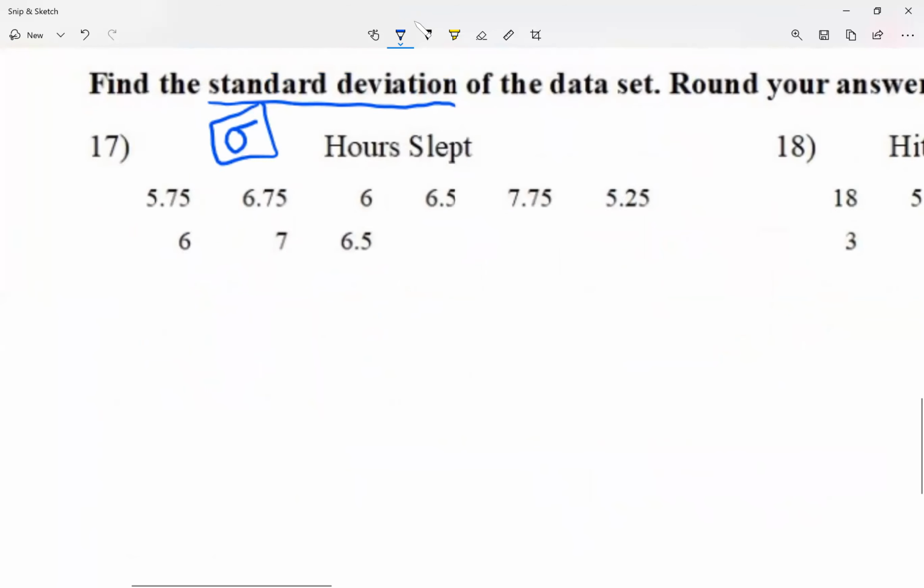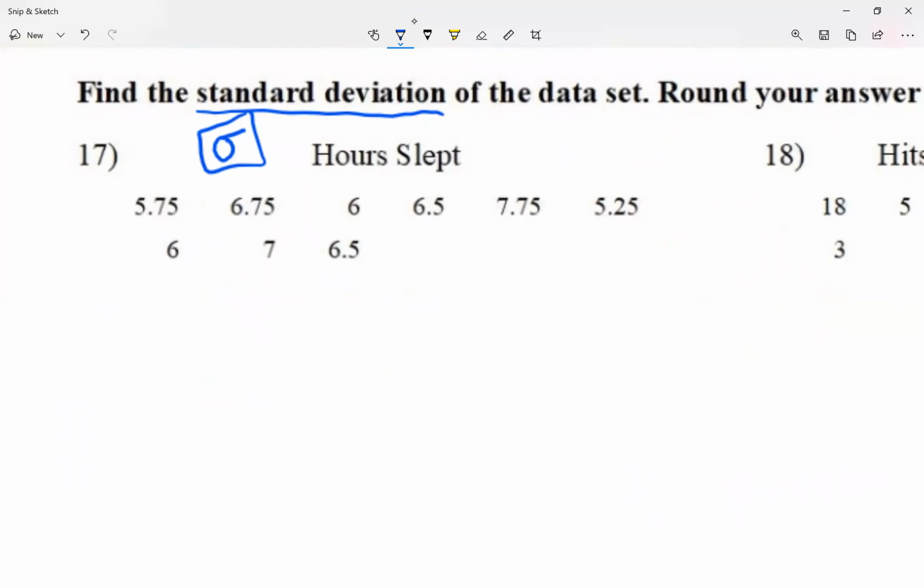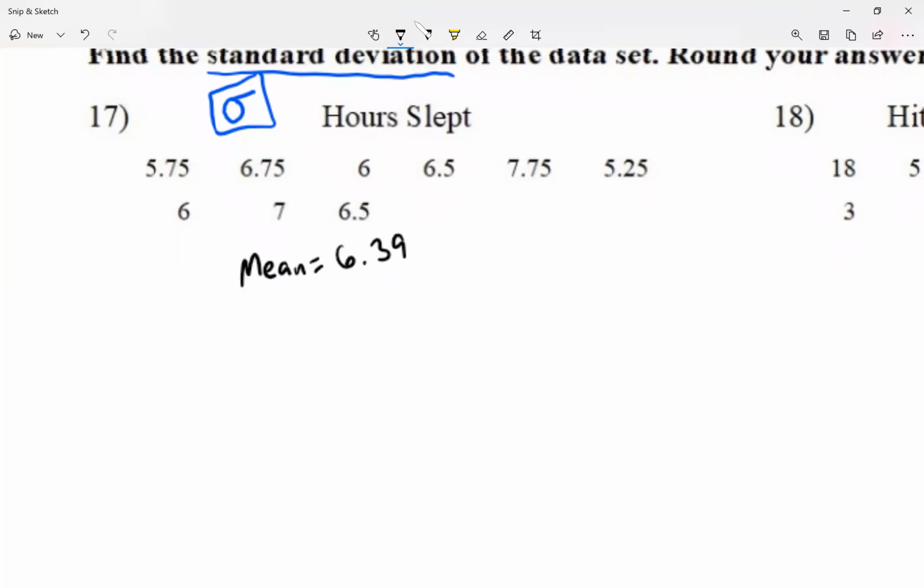Okay, so as a reminder, for variance, first of all, I find the mean, right? I have a list of numbers here, and I find out that my mean here is 6.39. Remember, add everything divided by how many you got, so 6.39. I'm going to subtract each number minus the mean, right?